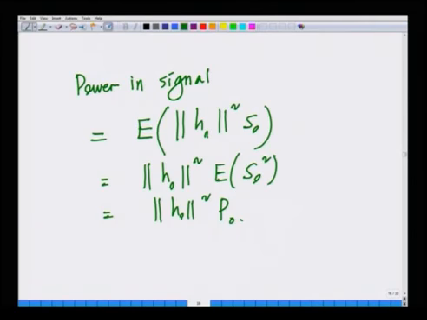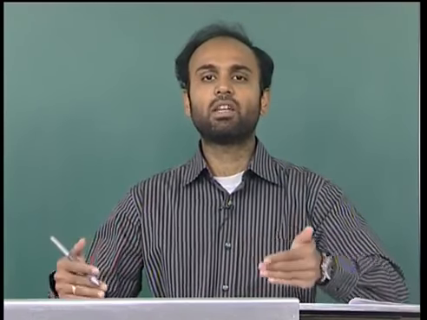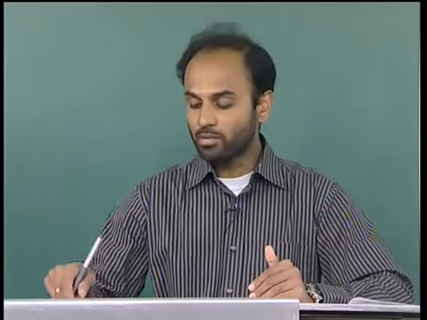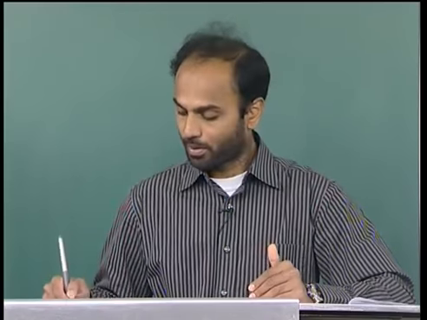This is what we have seen many times before, in the case of maximal ratio combiner, in the case of rake receiver and so on. This is nothing but you coherently combining. So you are extracting the power multiplied by the total power in the channel, that is the meaning of coherent combining. It is the power in user 0 times the magnitude of the channel square.